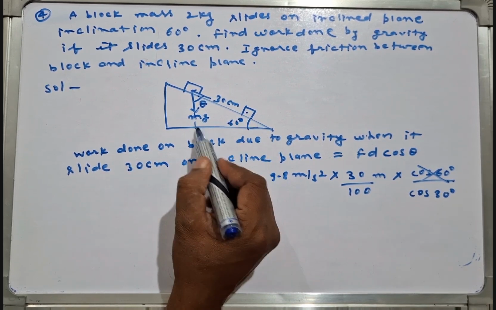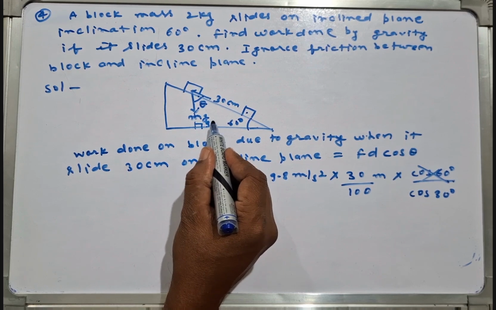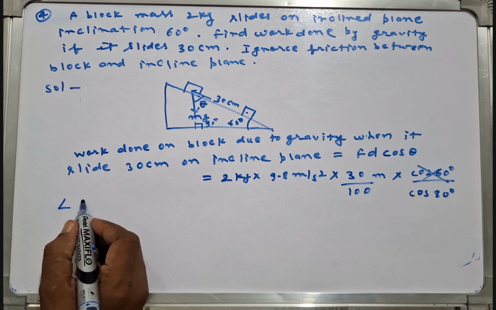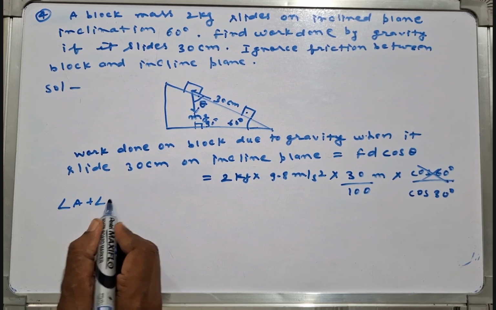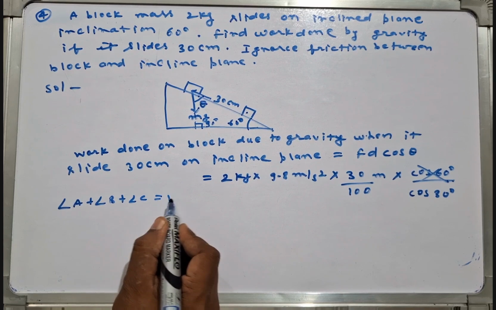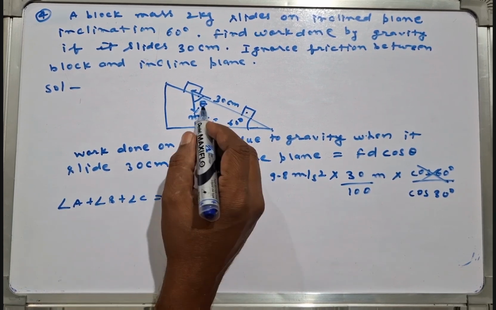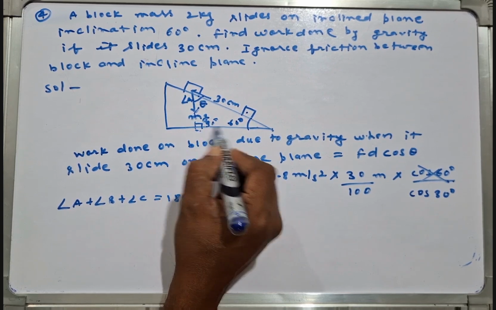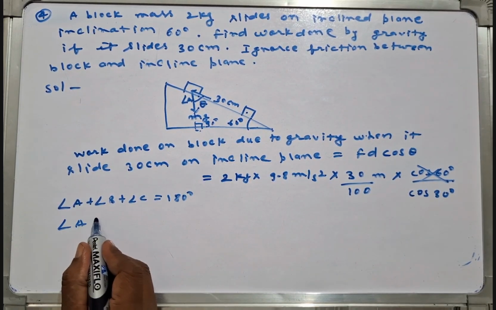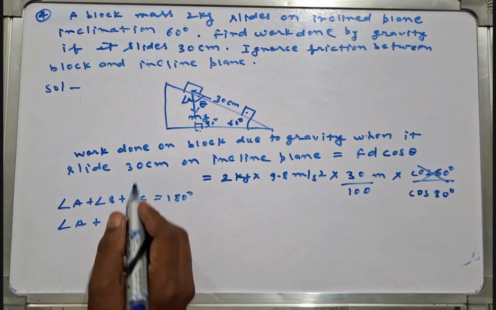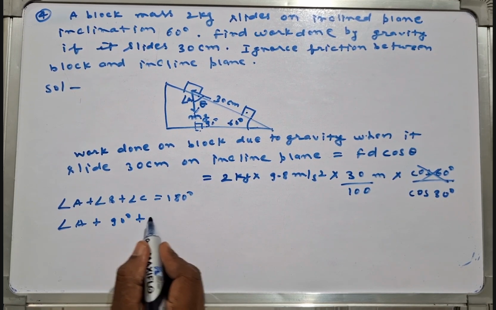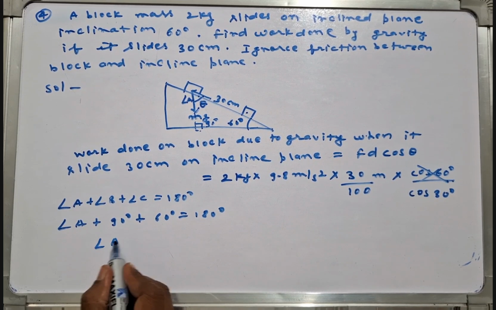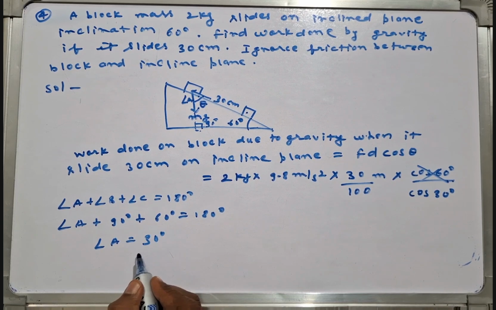Because see, this one is a right angle triangle, this is 90°. So you know the sum of all angles, say angle A, angle B, angle C, equal to 180°. So if we say this angle is A, and this is B and C, so angle A equal to what? B is 90°, C is 60°, and the total is 180°. So angle A equal to 30°.